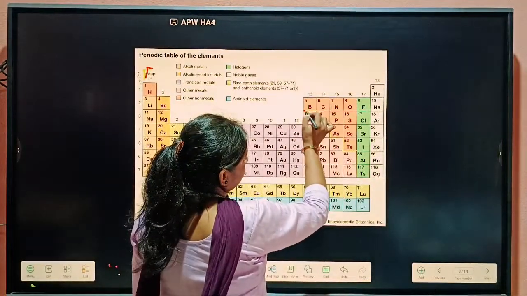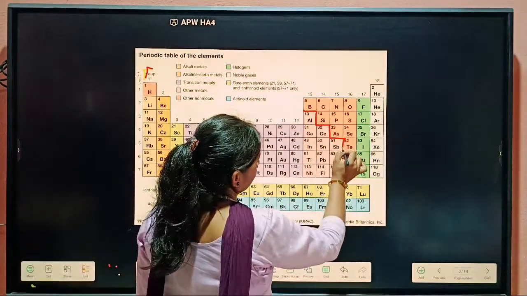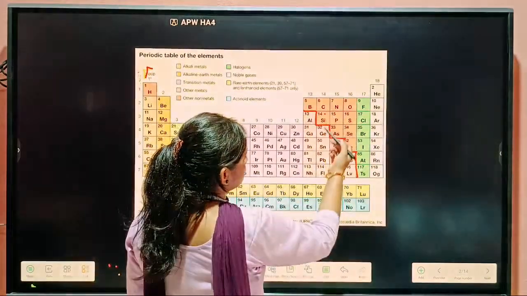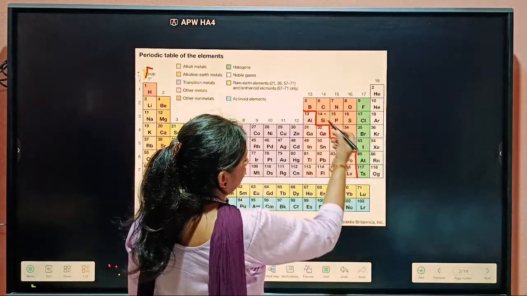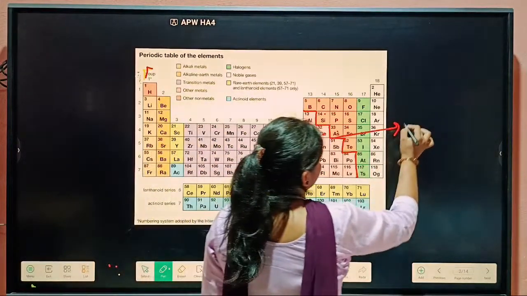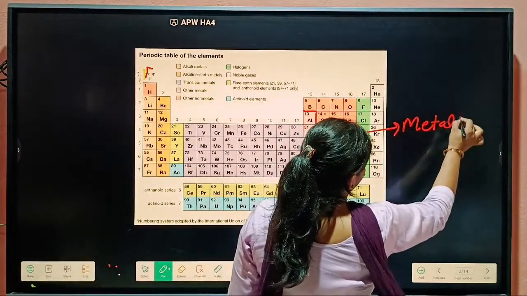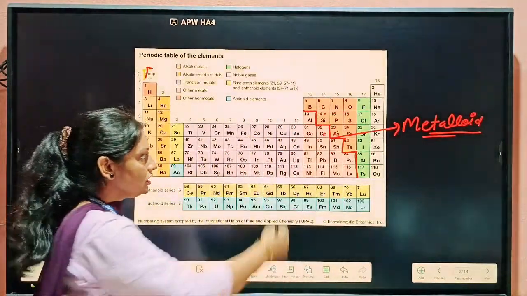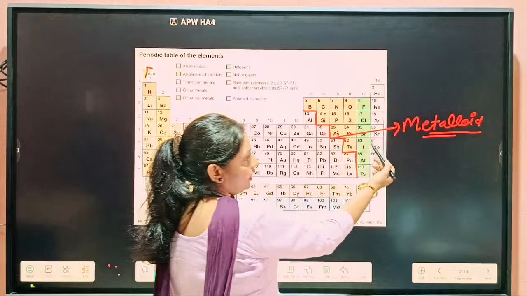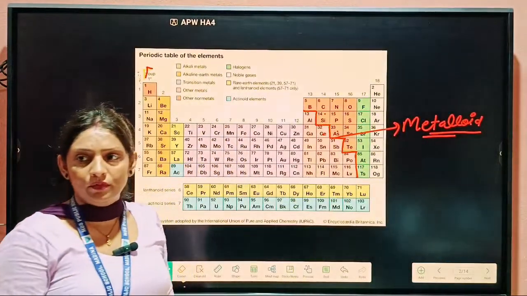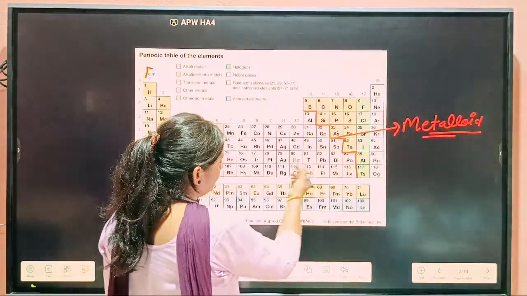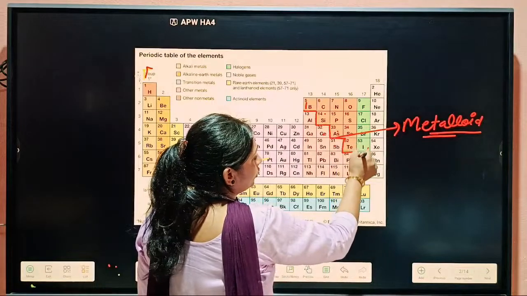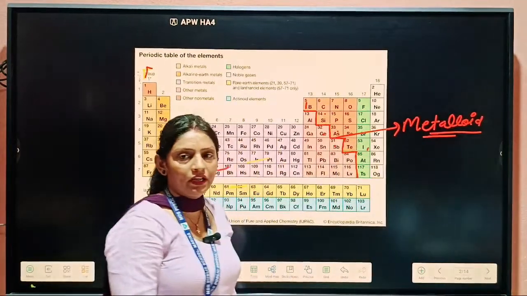Elements on this borderline are metalloid in nature. Silicon, germanium, arsenic, antimony, tellurium, these are the metalloids. They show some properties of the metals and some properties of the non-metals. So these are the metals and these are the non-metals, and in between them, those which lie on the borderline are known as the metalloids.